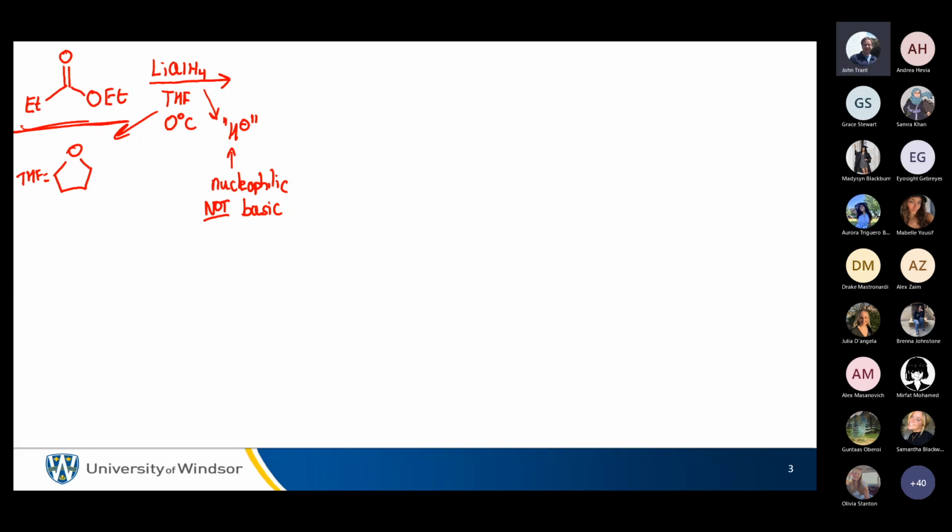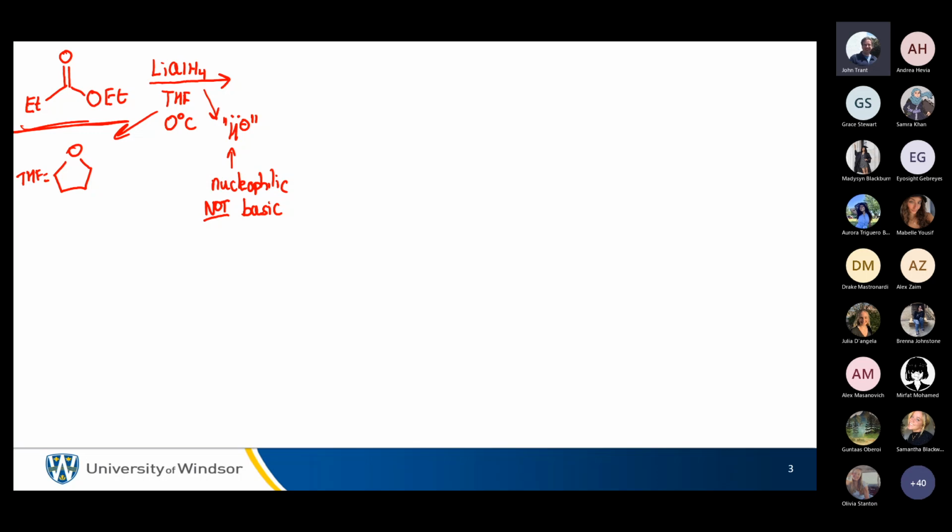So if we think about the pattern of what we saw in the last slide, we can draw in a lone pair on the H minus, because that's what H minus is: hydrogen with a lone pair. Try drawing the first two arrows you need to draw.